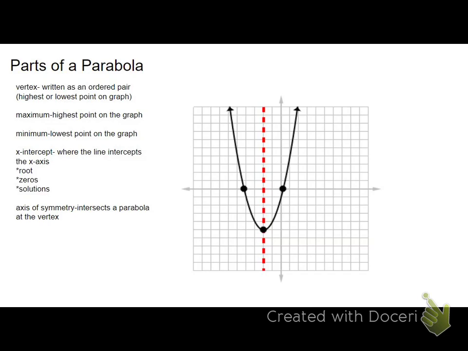If you look at the top of your paper, a parabola could be either upwards facing or downwards facing. Those two pictures are examples of parabolas. If I draw a line right through the middle of those parabolas, they would be symmetrical. So a parabola or a quadratic could be facing upwards or facing downwards.